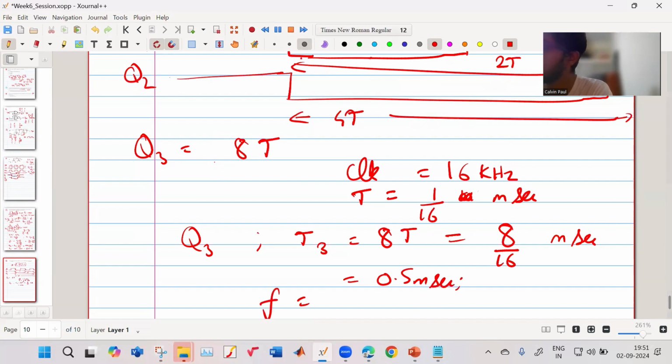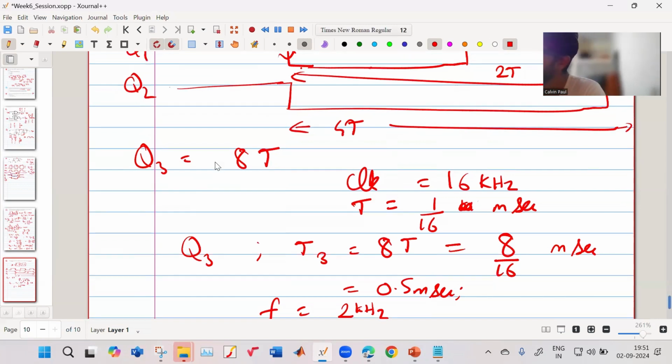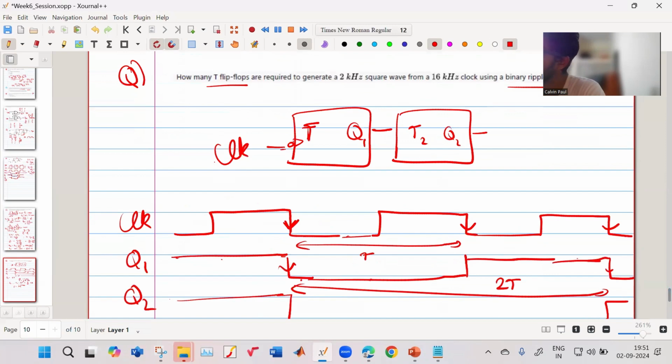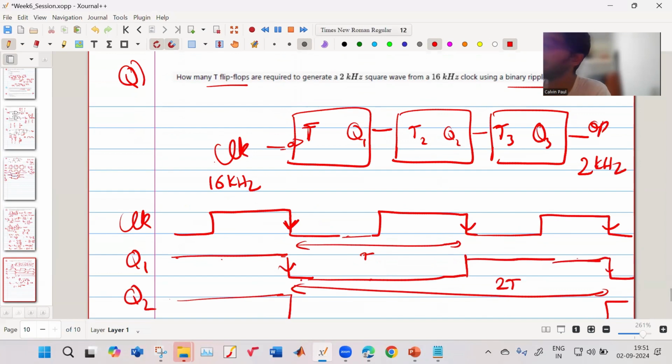So its frequency is equal to 2 kilohertz. So that is how we have to use another flip-flop T3 and Q3. This clock will have a frequency of 16 kilohertz and this output will have a frequency of 2 kilohertz.